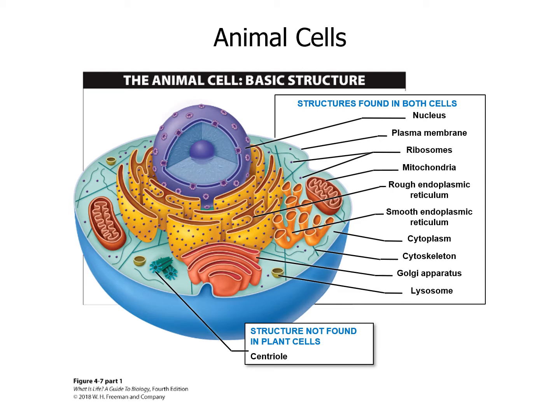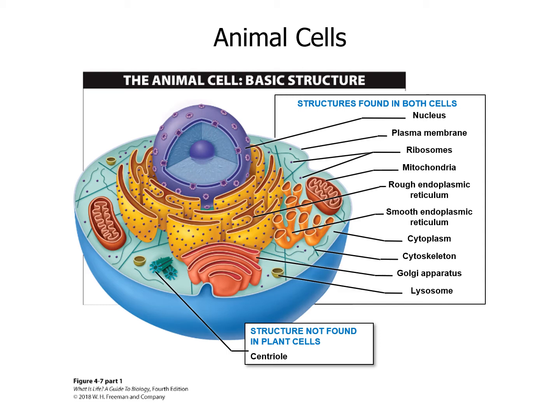You're going to see a few little kind of like worms, but that is the cytoskeleton that's going to help provide structure to this cell. We have the Golgi apparatus, almost looks like a Wi-Fi symbol.